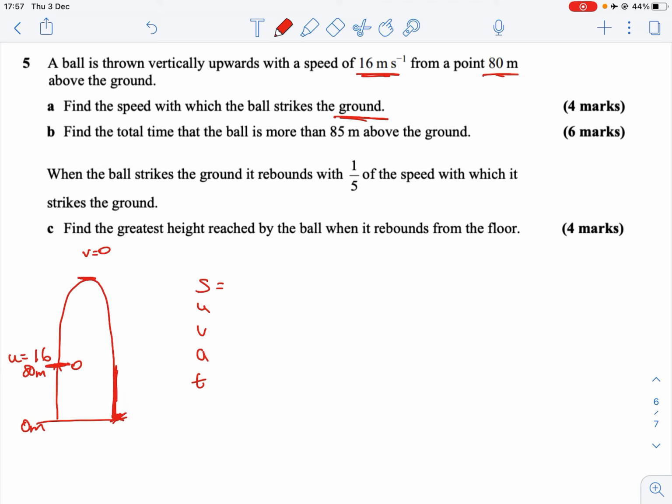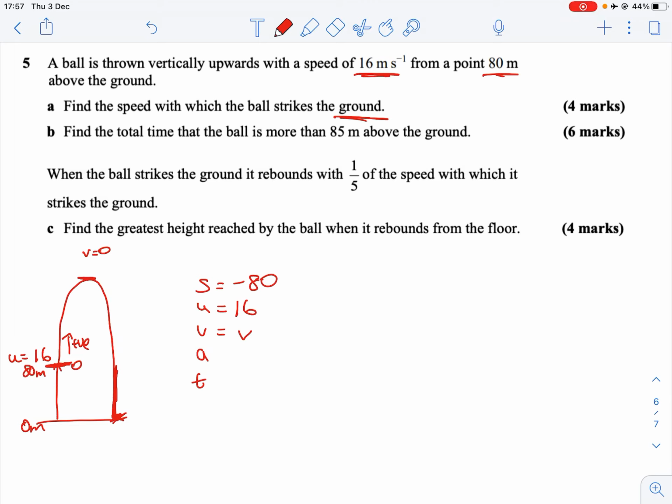This height is 80 and we are going backwards. So this is 0, this is positive and this is negative. So displacement is minus 80 because we are below 0. Our initial velocity is 16, and the final velocity is what we want to find.